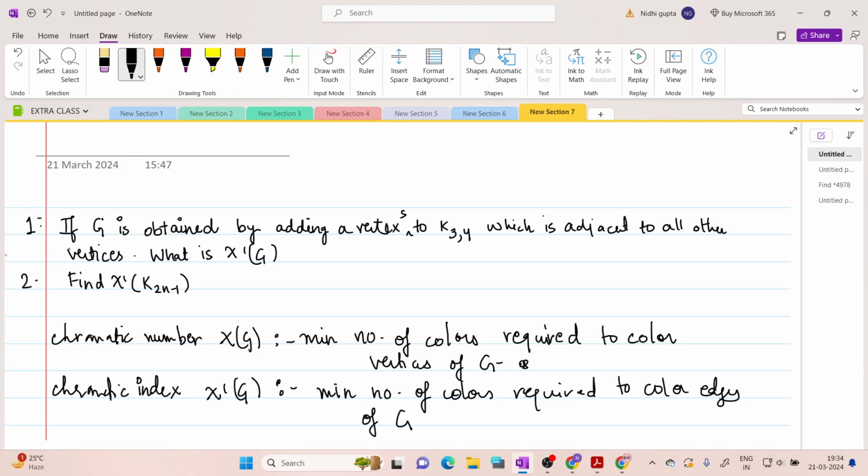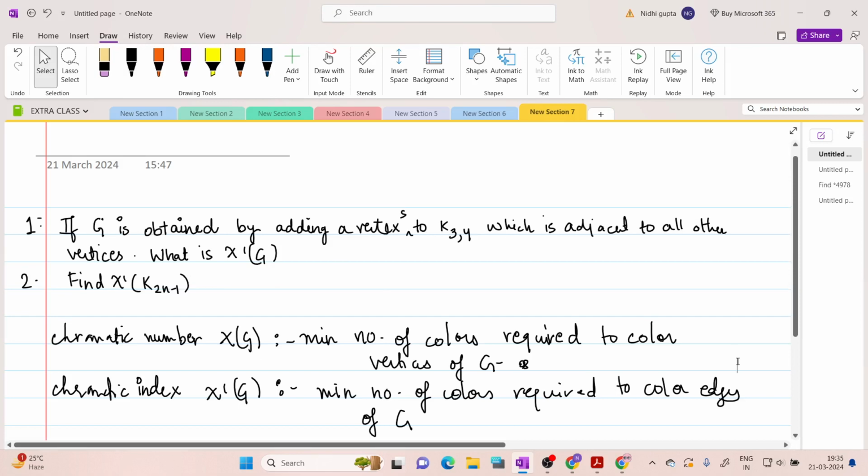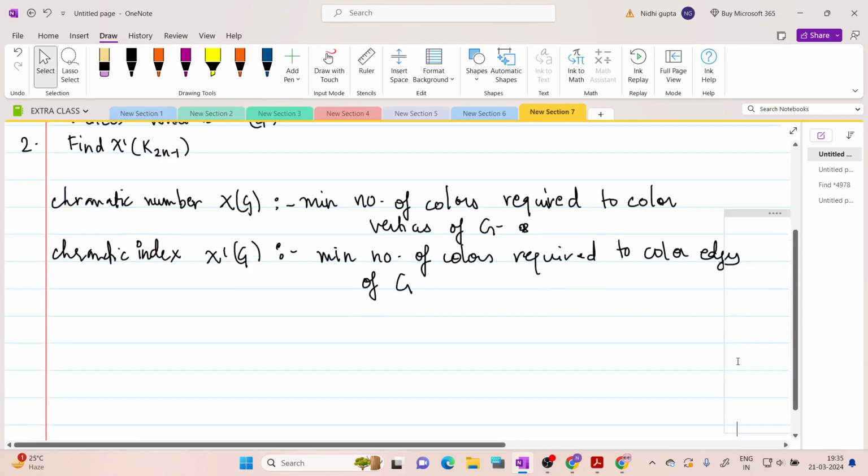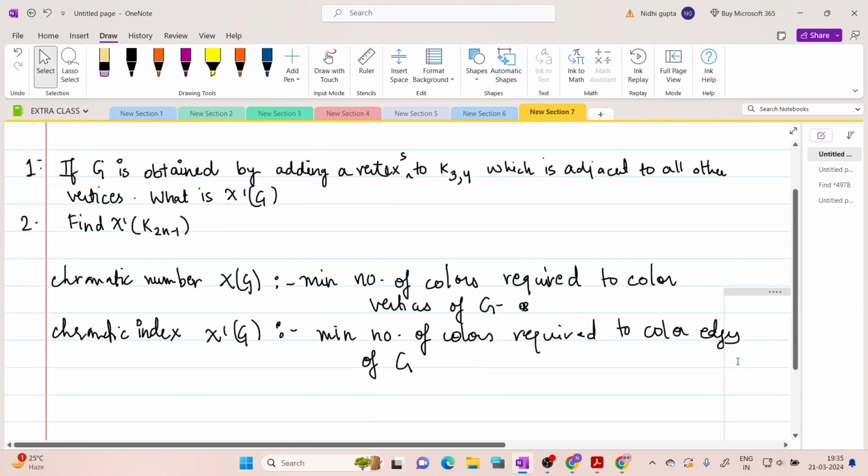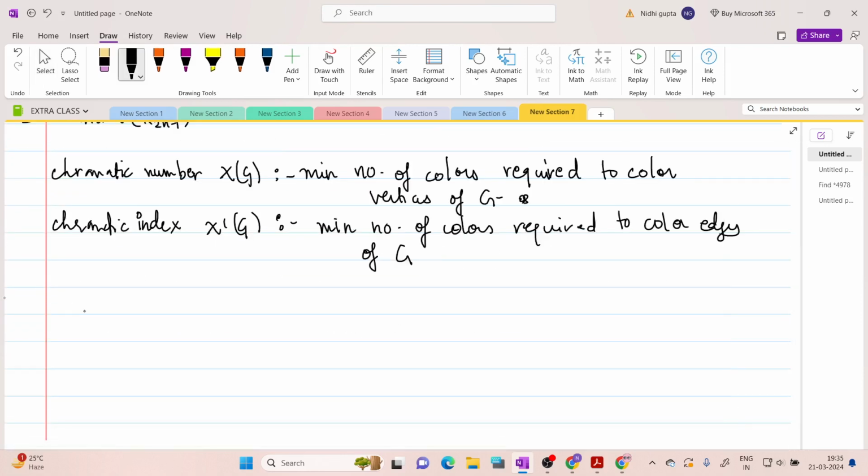So now the first question is: if G is obtained by adding a vertex S to K3,4 which is adjacent to all other vertices, what is the chromatic index? Before doing this question, can you tell me the chromatic index of K3,4? Four.